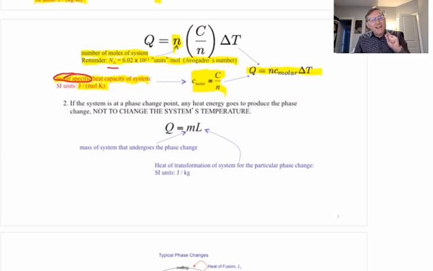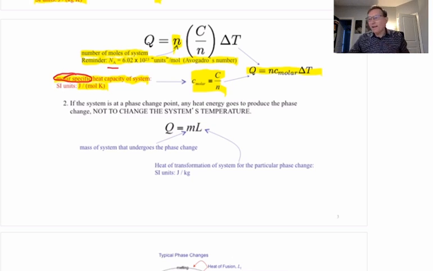Q equals little n, little c molar times delta T. Q equals the number of moles times the molar specific heat capacity times delta T. We'll be talking about that as we go on into chapters 18 and 19. But I want to introduce that to you now.